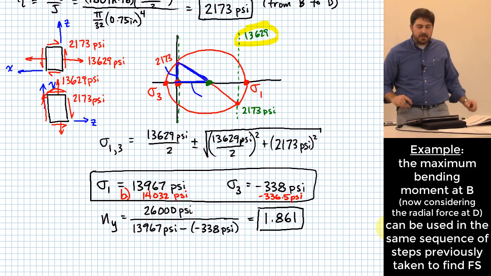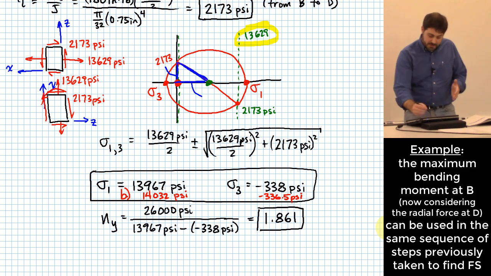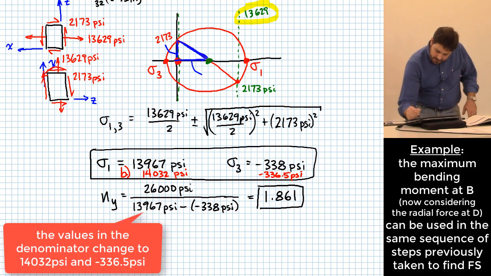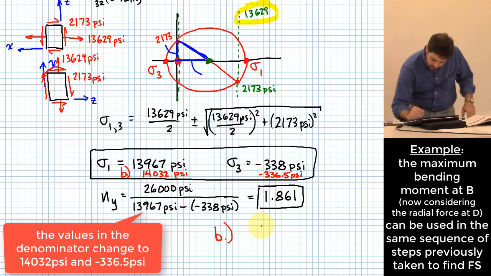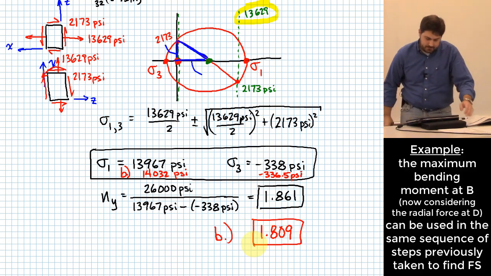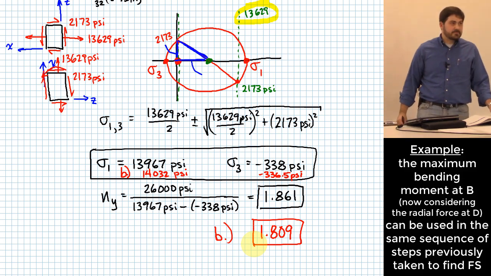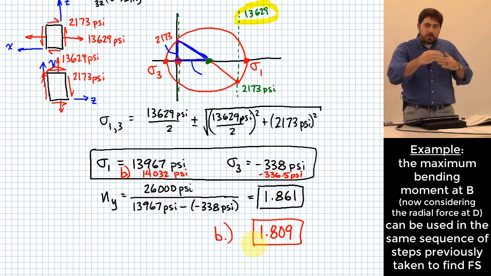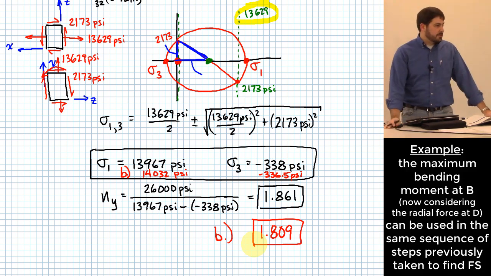I'll let you check that out if you want to run those calculations yourself, but it's the same process. We just changed 13,629 to 13,695, basically, 0.9. And for part B, my factor of safety ends up being 1.809. It changed by having to take into consideration both planes of bending of that shaft.